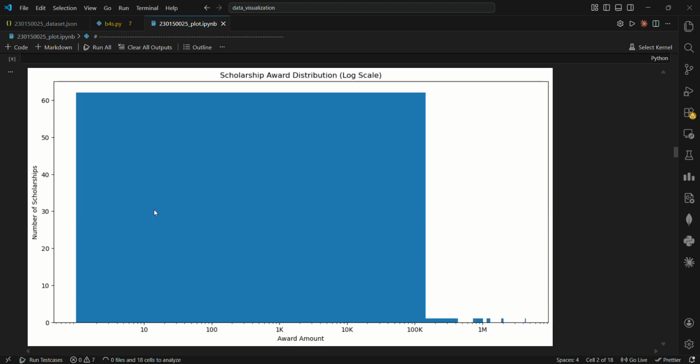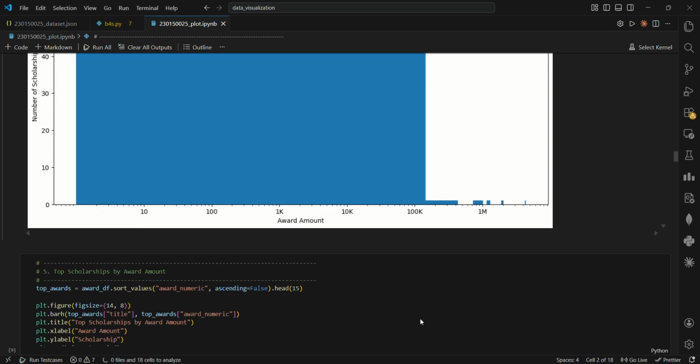This is the histogram plot for scholarship award distribution versus number of scholarships. As we can see, most scholarships lie between normal tuition fee waivers, which lies over here, to 100K worth of scholarships.